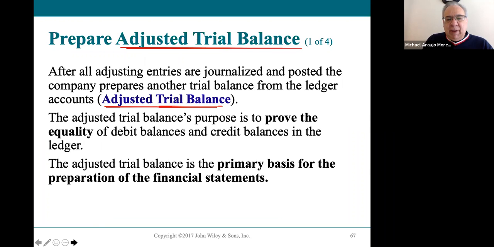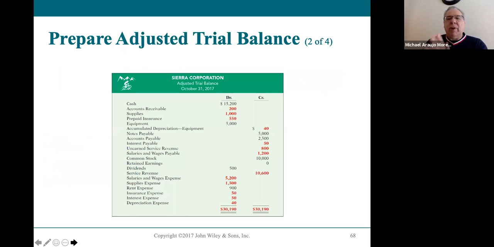So look what's happened. This is Sierra Corporation's adjusted trial balance. You've noticed here that there are a number of accounts that are in red. The numbers are in red. And there are many accounts in which the numbers are still in black here.